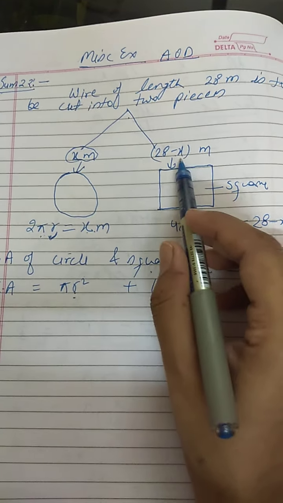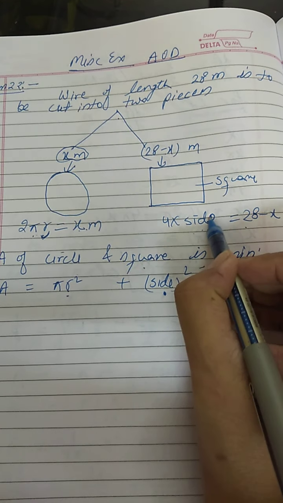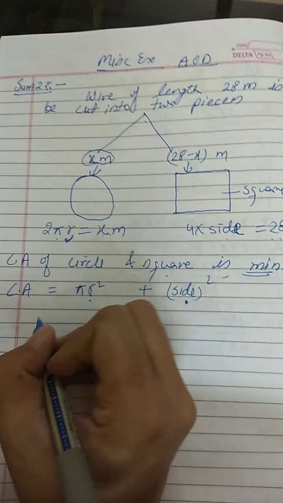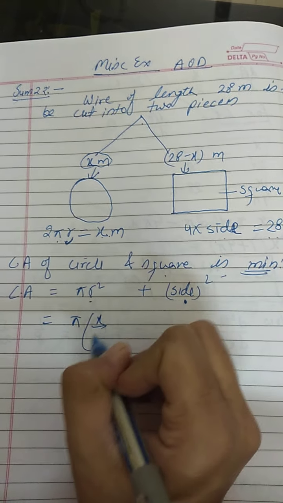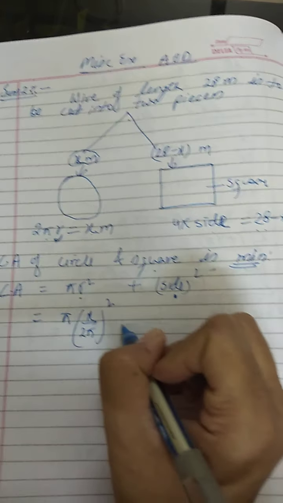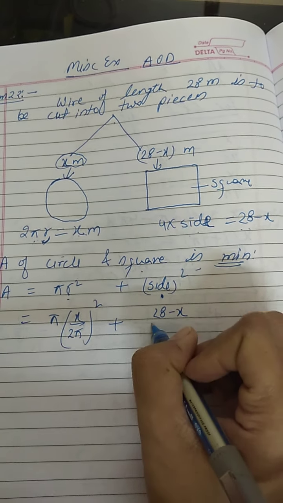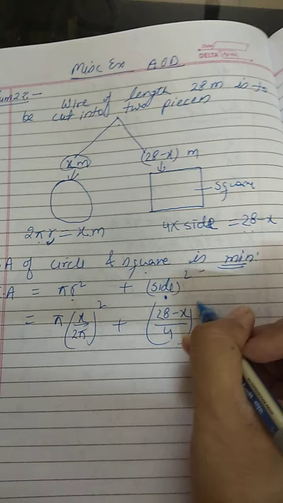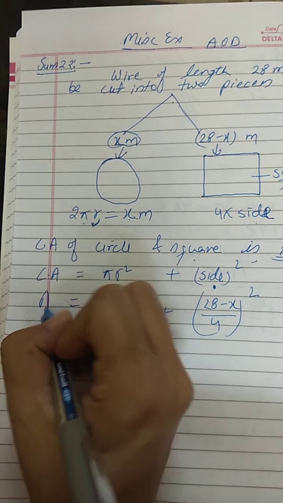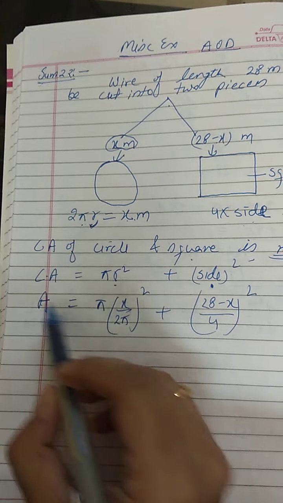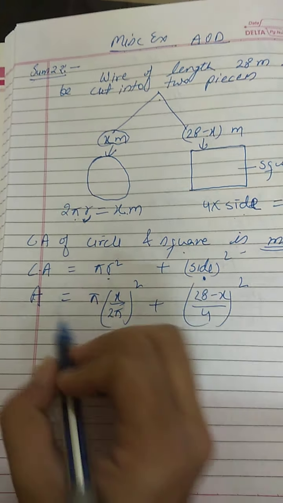Similarly, if 28 minus x meter is equal to 4 into side, we can easily take out the value of the side of the square. So the area will be equal to pi times r square, where r is x upon 2 pi, whole square, plus side square, where side is 28 minus x upon 4, whole square. If we represent this combined area by A, now this A is a function of x only.